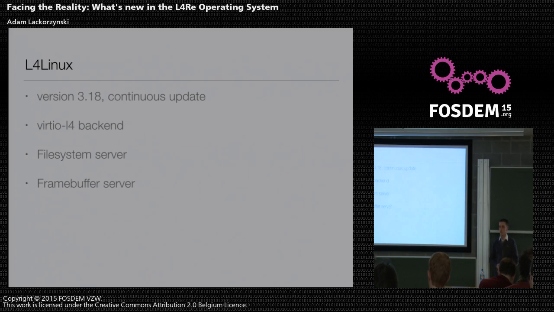The current version is 3.18. 3.19 is expected to arrive in a couple of weeks, so this is a continuous update. Then, as you have seen on the previous slide already, we added the virtio L4 backend, which actually implements the MMIO interface with our client library.